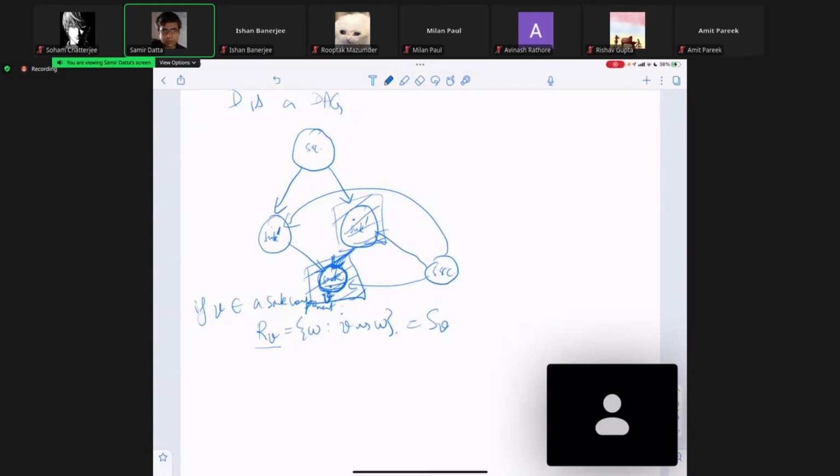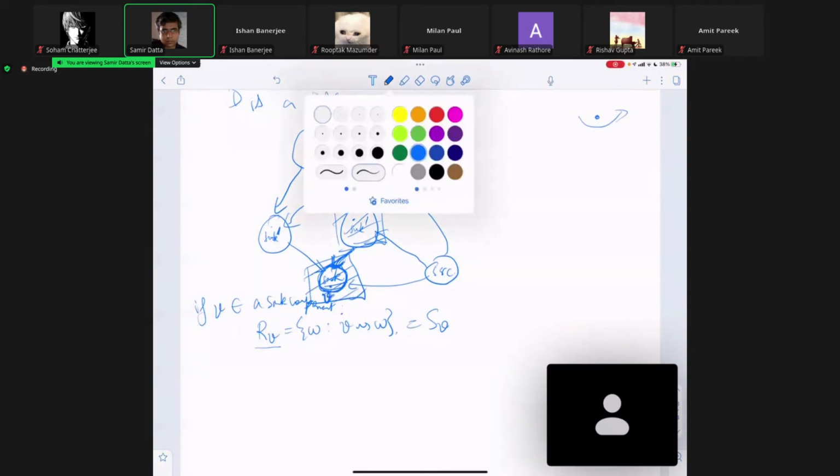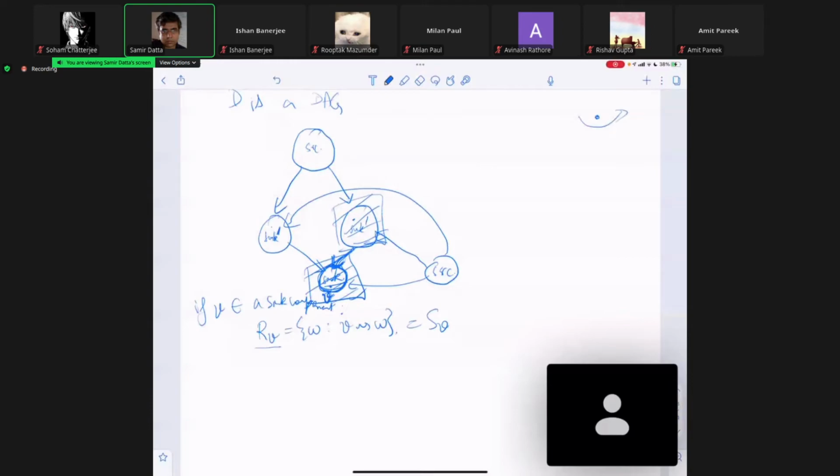In a DAG, we started from a source component and we eliminated it. And then we looked at the sources formed there and we eliminated them and so on and so forth, correct? Here we are starting from a sink component, we are eliminating that. Then we are looking at sink components, eliminating those and so on.